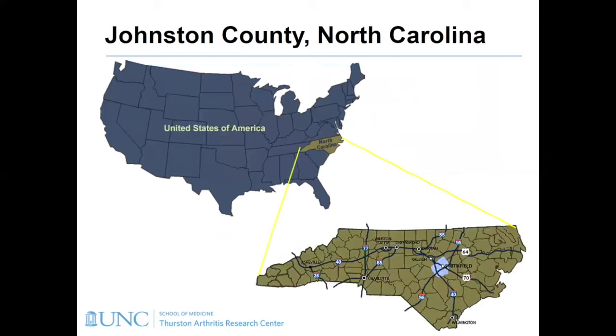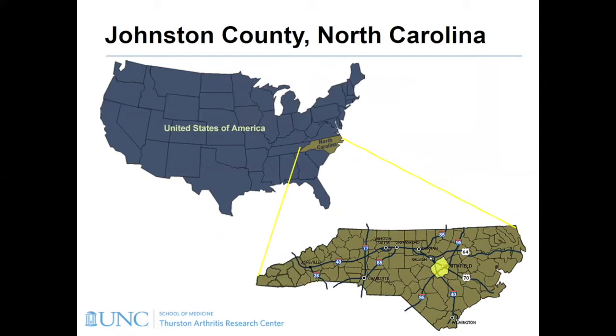I think you'll be working with Johnston County. That's a common cohort that we work with here at the Thurston Arthritis Research Center. Some of the examples I'll be giving today are based on some of the work that I've done. Johnston County is located just southeast of Raleigh.